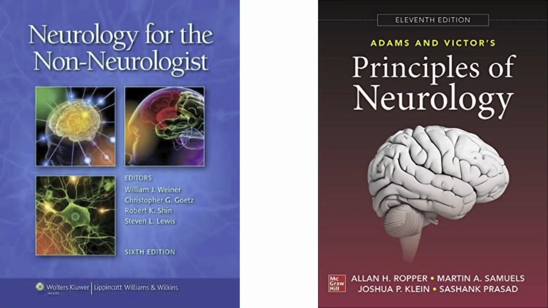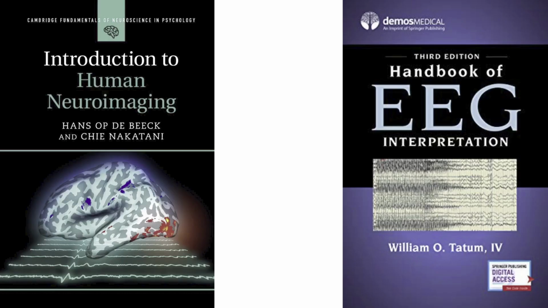If you want to learn more about the neurological exam and other components relevant to neurology, Neurology for the Non-Neurologist can be a helpful book. And if you want to go in depth into neurological practice, Adam and Victor's Principles of Neurology is another fantastic tome. For more information relating to neuroimaging in humans, Optibrix and Nakatani's Introduction to Human Neuroimaging is a great book.